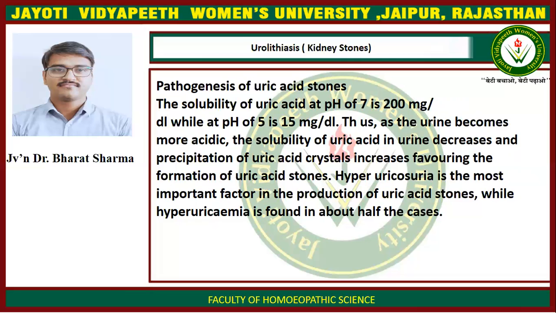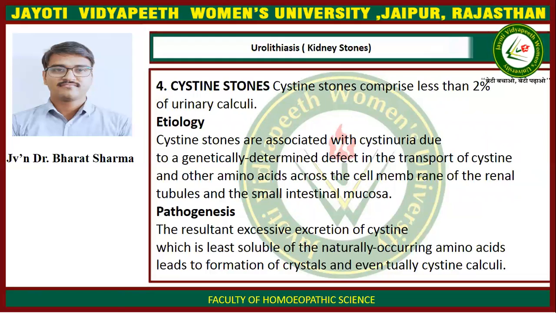Cystine stones. Cystine stones comprise less than 2% of urinary calculi. Cystine stones are associated with cystinuria due to a genetically determined defect in the transport of cystine and other amino acids across the cell membrane of the renal tubule and the small intestinal mucosa.